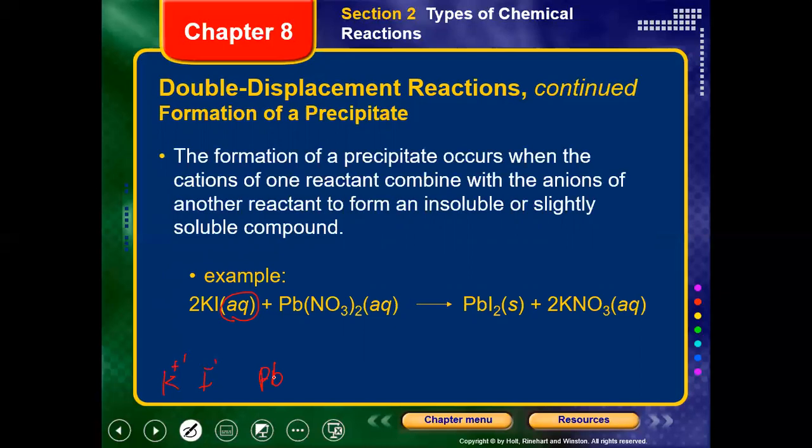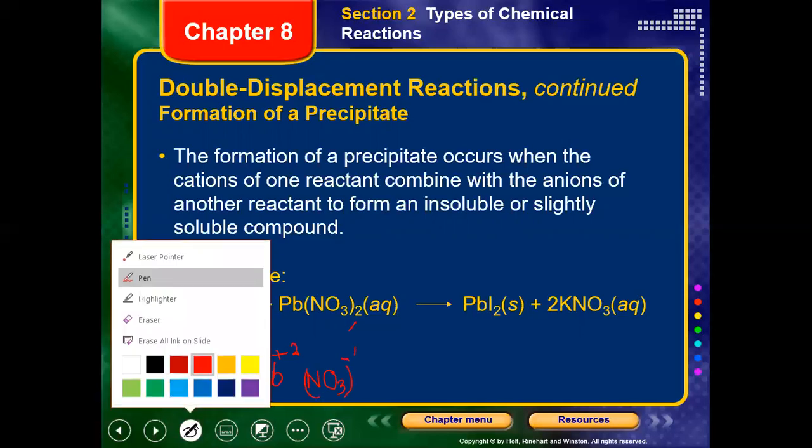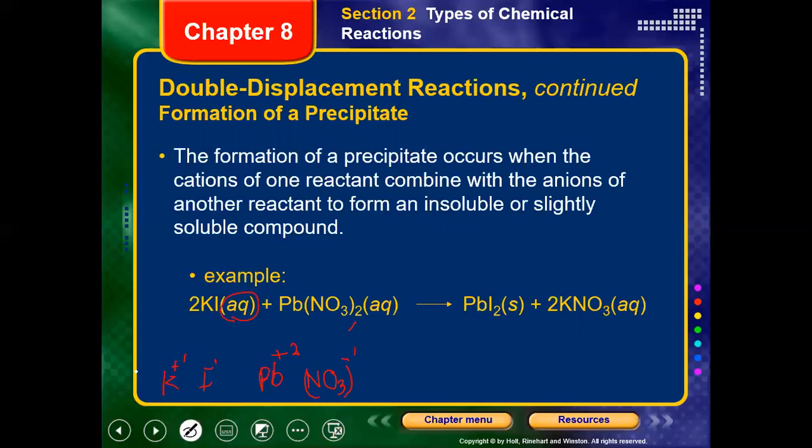I can know the charge or the oxidation number by looking at the subscript of the second one. There is a method to find the oxidation number that you will learn later. And for NO3, I know that the charge is negative 1. So potassium positive 1, iodine negative 1, lead positive 2. So what will happen?